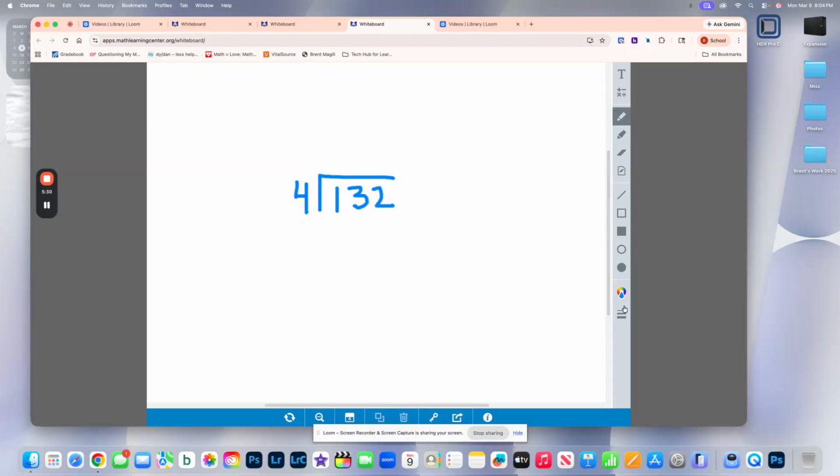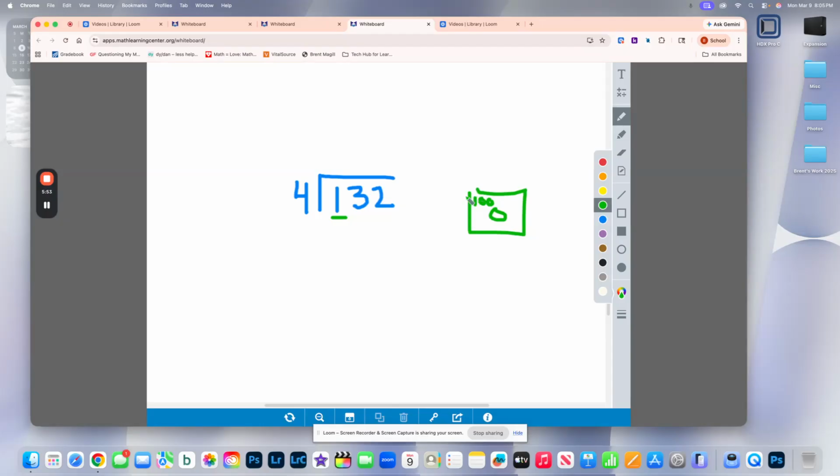It is 1. I'm going to think of that as a $100 bill. If I have just one $100 bill, here it is.